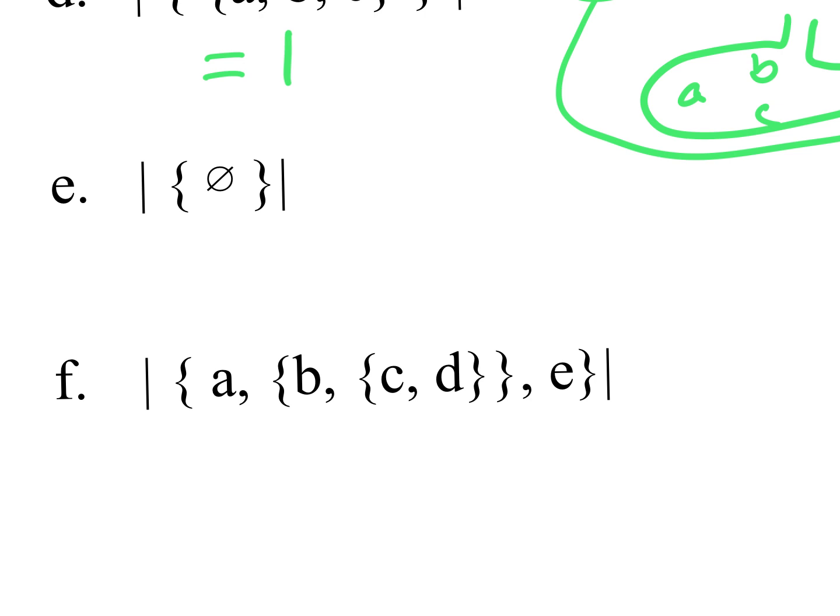If I look at this next one, part E, let's draw it. I have this set, sack, bag, something, right? And inside I've got the empty set, which is another way to write this set. We've got the empty set inside there again, right?